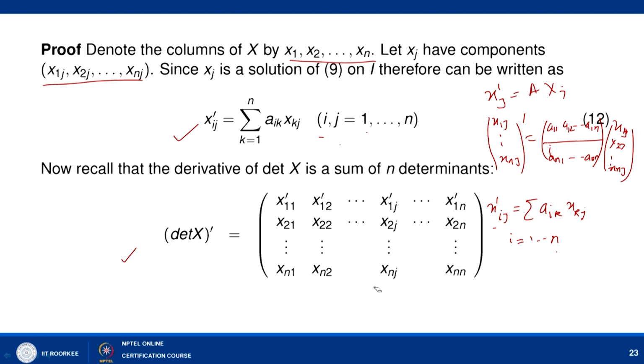Here we need to find the derivative of the determinant of x. Now, for simplicity, let us write that the determinant of x is the same as the determinant of x transpose. So, let us write down the determinant of x transpose and find the derivative here, then the derivative is also the same. Here I am assuming the first row is your x1, the second row is x2 and the last row is xn.